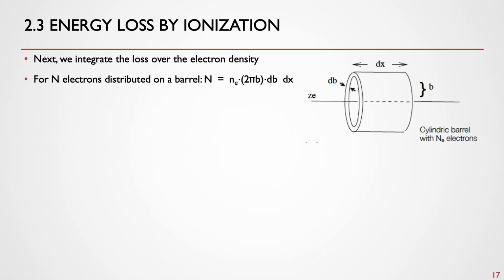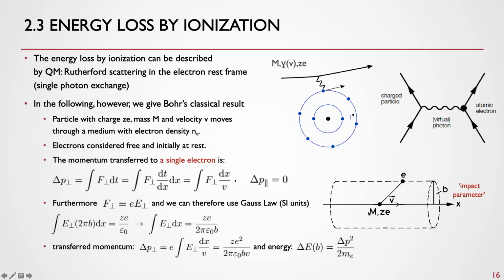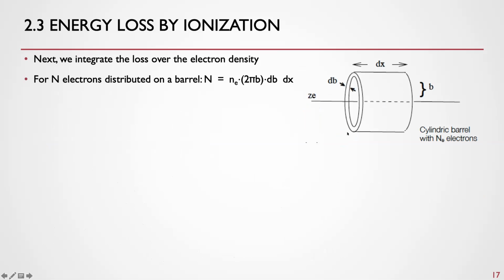Before we do that, we take it one step further, because that was the transfer to a single electron, and now we need to integrate this transfer over a shell of thickness db, a length dx at an impact parameter b. That's the integral that we are doing.